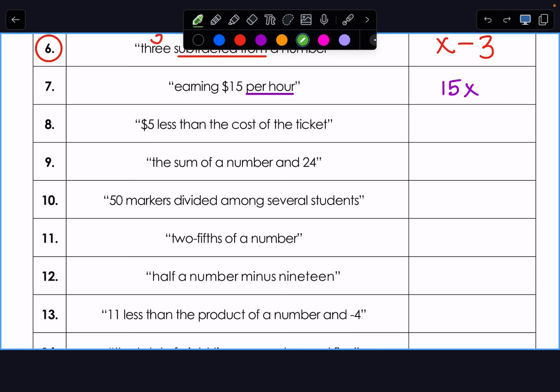Okay, I'm going to hop down here to number 10. 50 markers divided among several students. So divided, I feel like that's kind of an obvious one, right? But make sure you're taking 50 and you're dividing it by the number of students. Okay, so I used S for students.